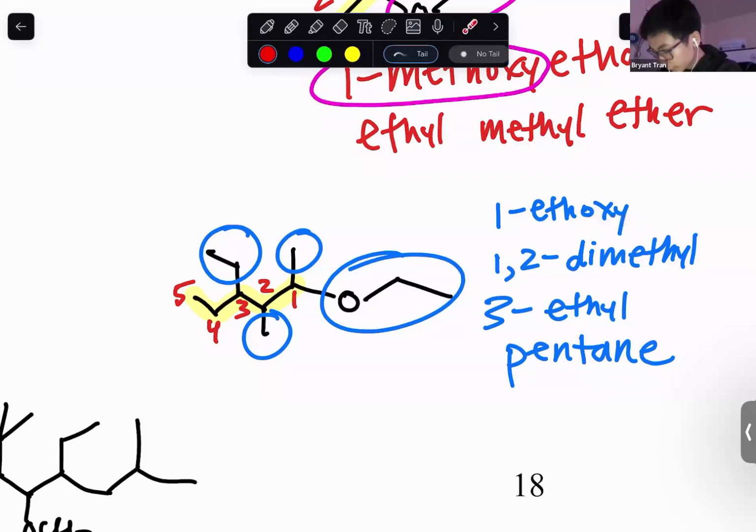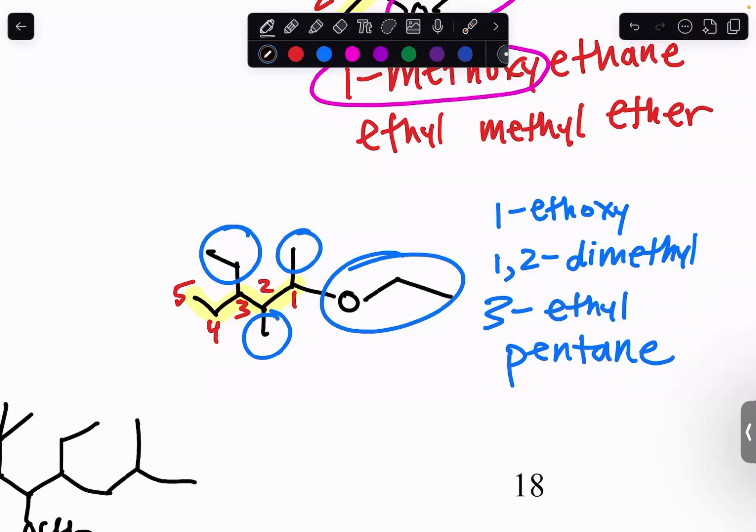It's not always going to be first. It's going to be based on the alphabetical order, right? If this was a butyl somehow, with the B, then that would go first because that has the first letter, right? Okay.